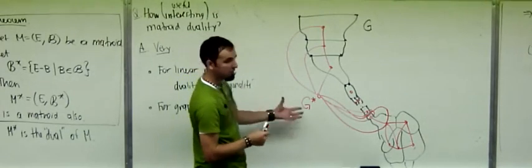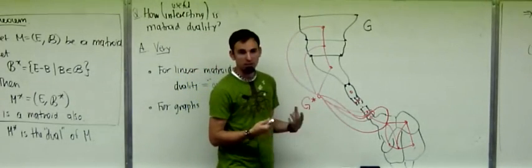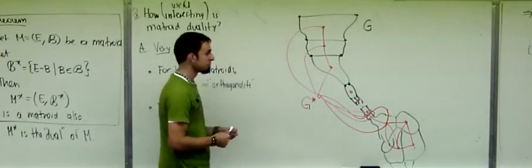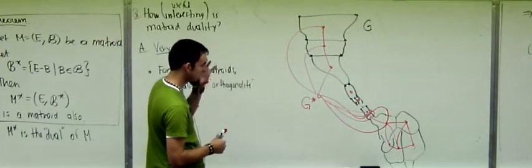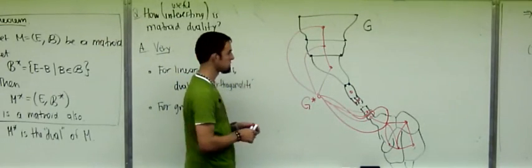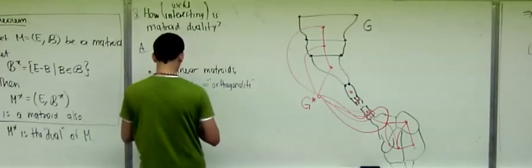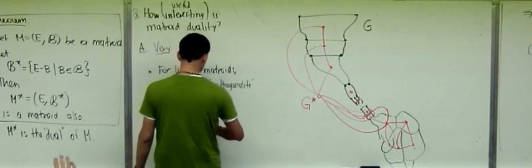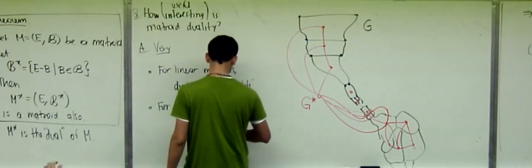And duality in graphs has the property that the dual of the dual is the graph. And the amazing thing is that this is also a special case of matroid duality. For graphs, duality in matroids equals graph duality.